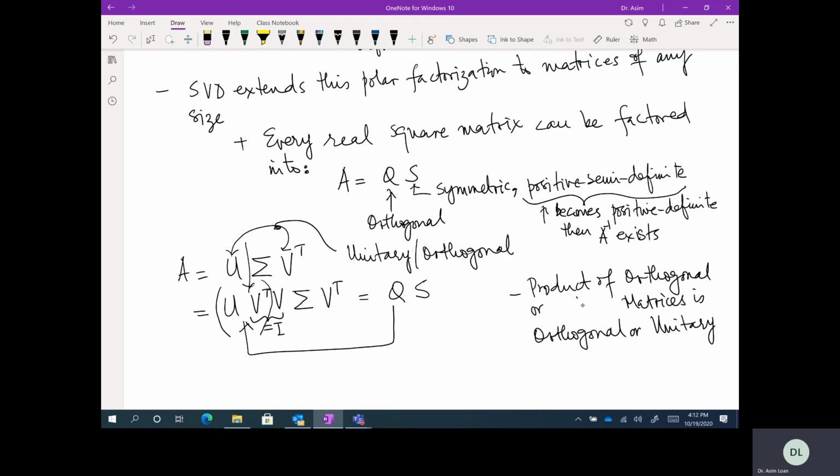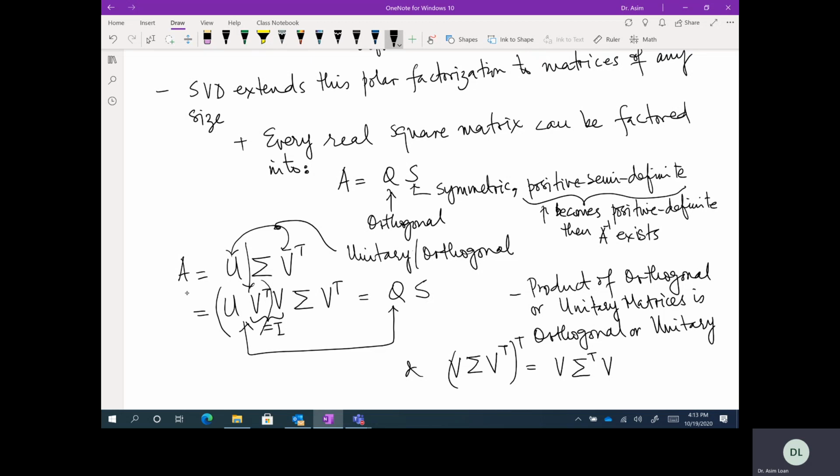So these are two orthogonal matrices. So Q is orthogonal, and for V sigma V transpose, if I take the transpose, the order is reversed, so this is V sigma transpose V transpose.